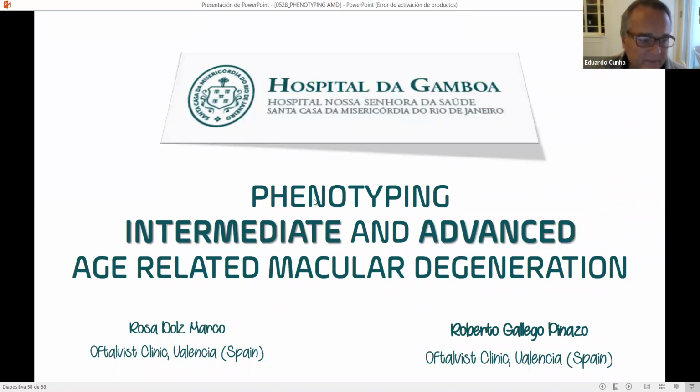There is a term, Rosa, when Heidelberg gave a meeting in your place 3 years ago. Remember that? I saw that lecture where you mentioned a term that I was not able to find. What is pseudo-swelling? Yeah, so the pseudo-swelling is a hyporeflective wedge that we see at the margin of the atrophy. And this was described by Dr. Moniz as hyporeflective wedge.